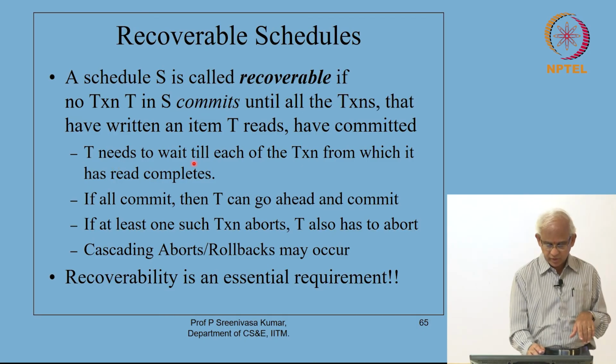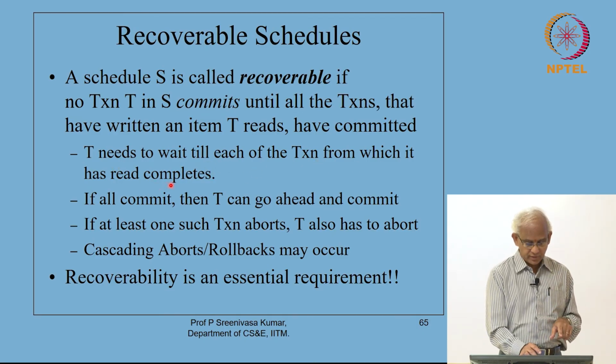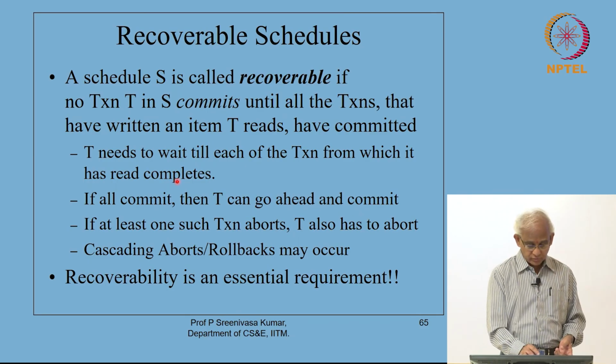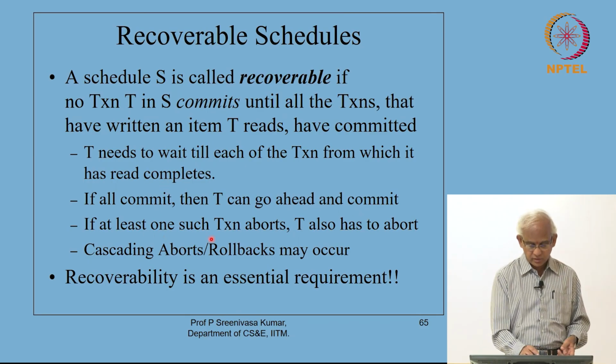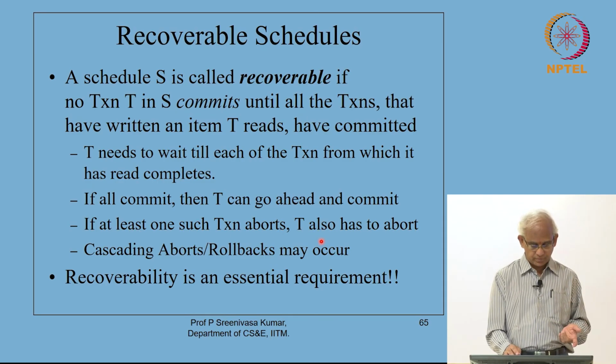So, T needs to wait till each of the transactions from which it has read completes. If all of them commit, then I can go ahead and commit. If one of them aborts, then this transaction T also has to abort.